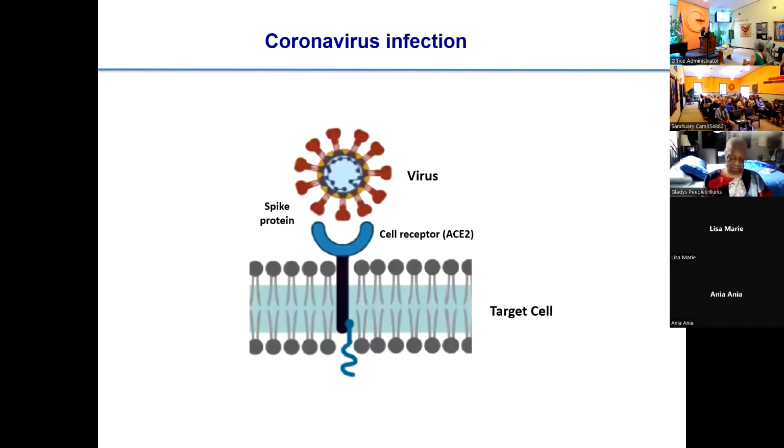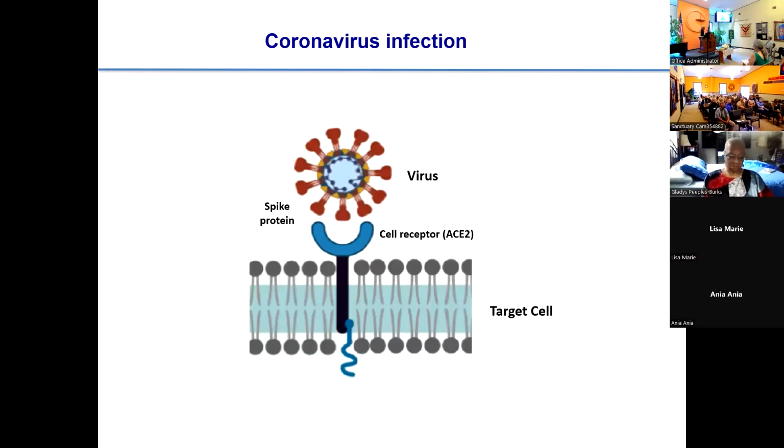In the next slide, I show how the virus connects to the cells. The virus is called coronavirus because corona is the Spanish word for crown. The first time this virus was seen under the microscope, it looked like it had a crown.